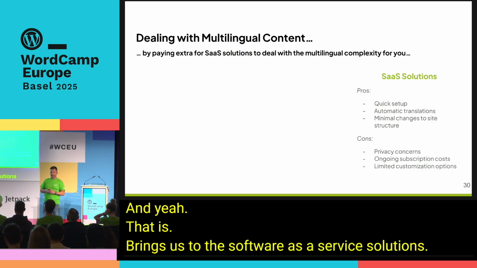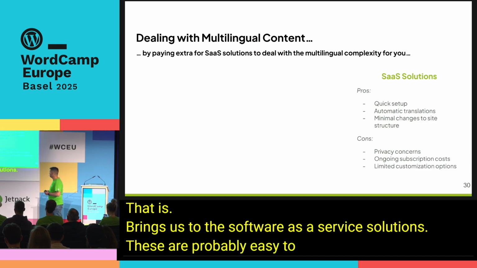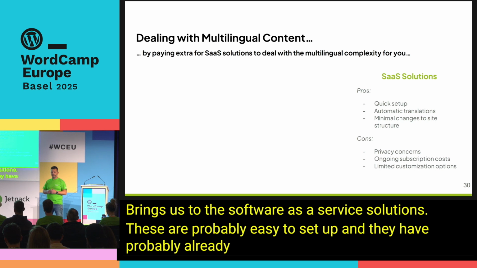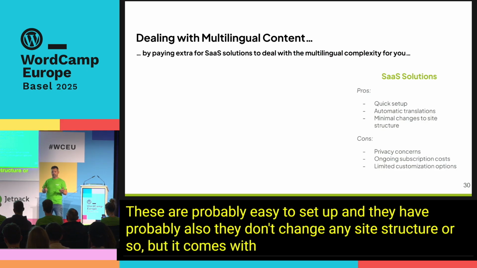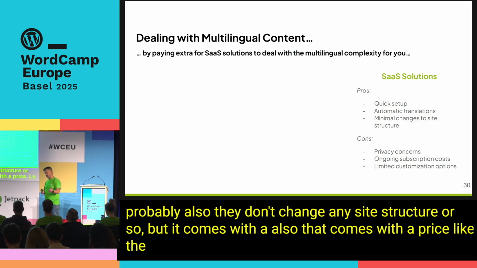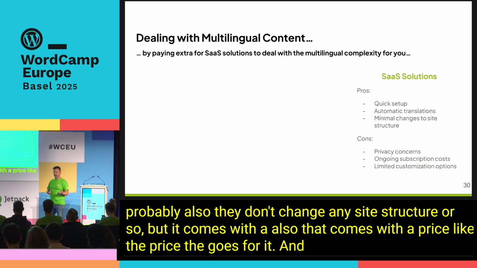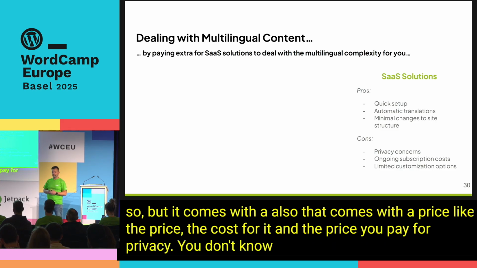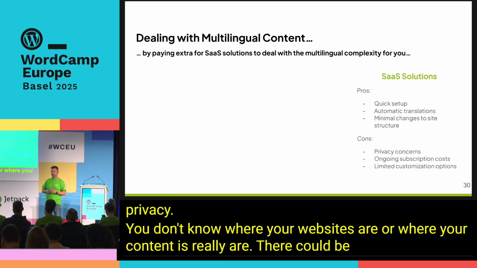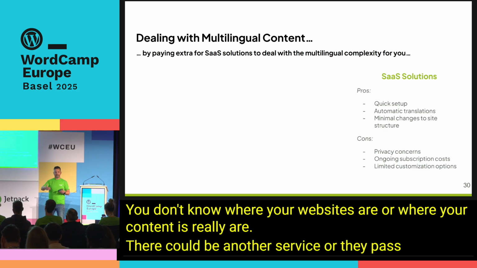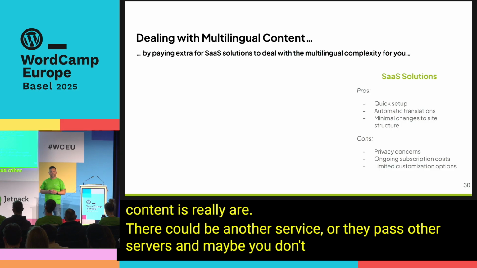These are probably easy to set up, and they don't change any site structure. But that also comes with a price, the price to host it and the price you pay for privacy. You don't know where your websites or your content really are. They could be on other servers, or they pass through other servers, and maybe you don't want that. And that's less control.